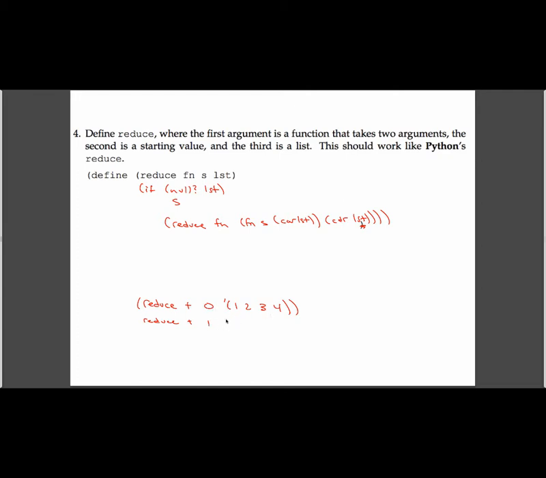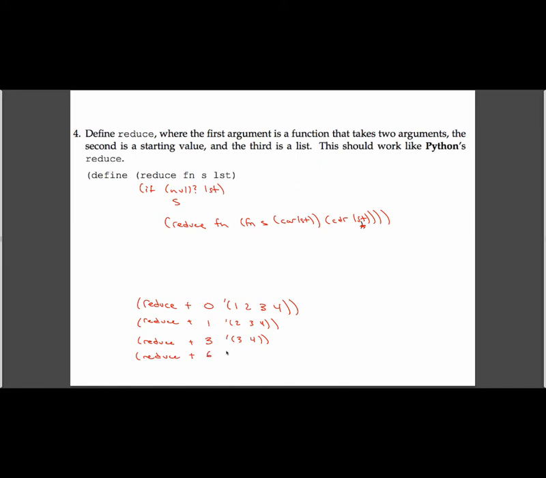And now we're looking at the list 2, 3, 4. Again, we don't have an empty list, so we use the same function, and now we're doing 1 plus 2. So now we'll keep track of that as a 3. Now we're just looking at 3 and 4, and so on and so forth.